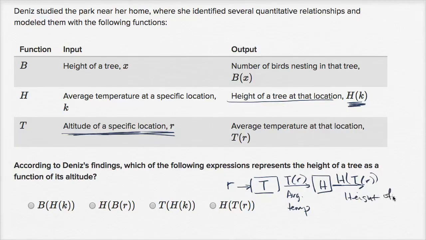And so there you have it: H of T of r. You start with r, altitude at a specific location, input into function T. T is going to spit out the average temperature at that location. You input that into H, it's going to get the height of the tree at that location. So H of T of r is this choice right over there.